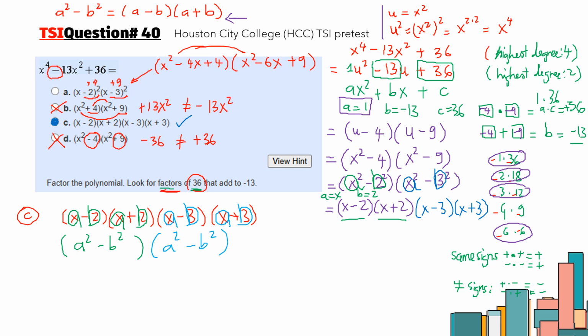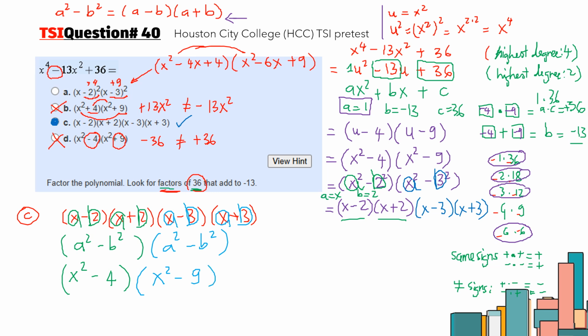Now just plug it in. My A in the first one is x squared, minus B squared which is 2 squared. 2 squared is 4. And then my second one is x squared minus 3 squared, which is 9.